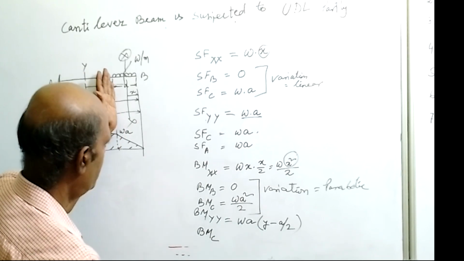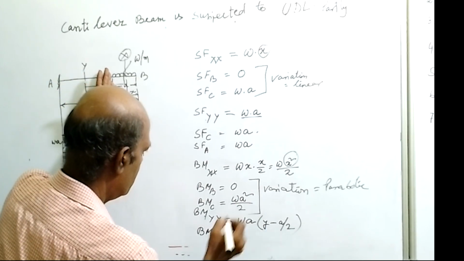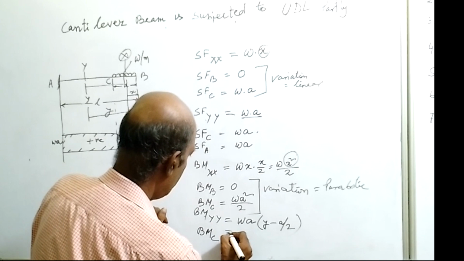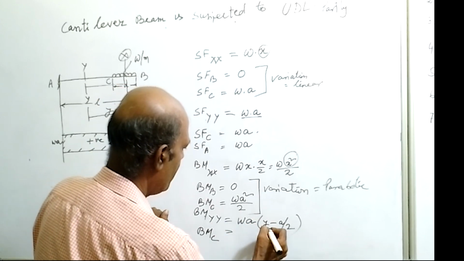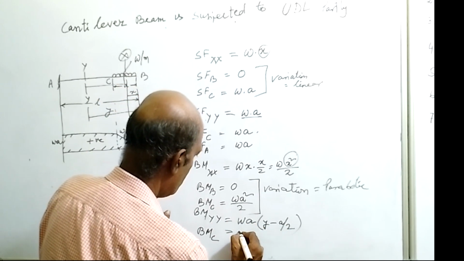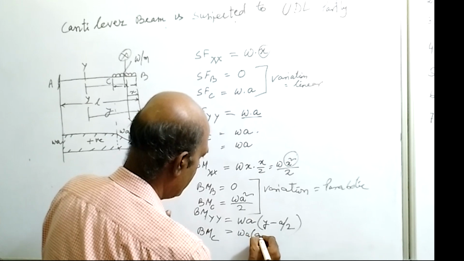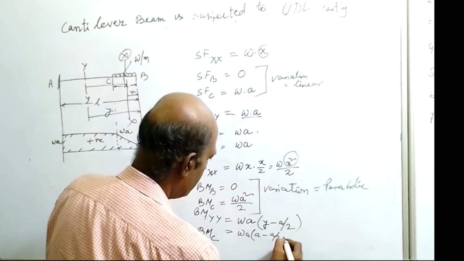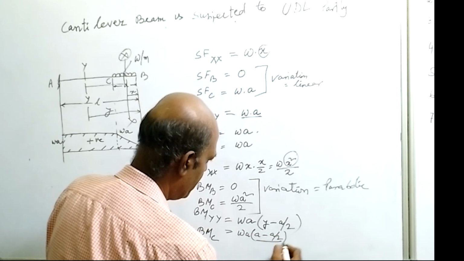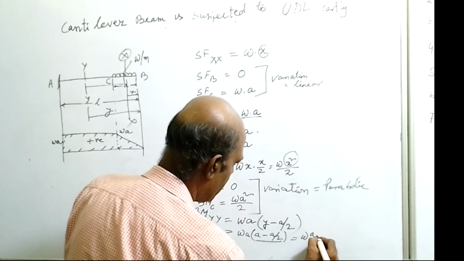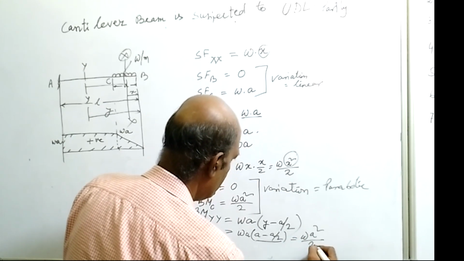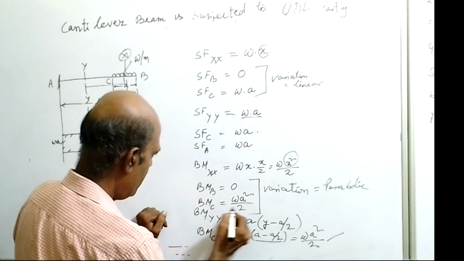So for the bending moment at C, the y value is a. So W a into a minus a by 2, and a minus a by 2 means a by 2. So it will be W a square by 2. It gives the same value as we got here.